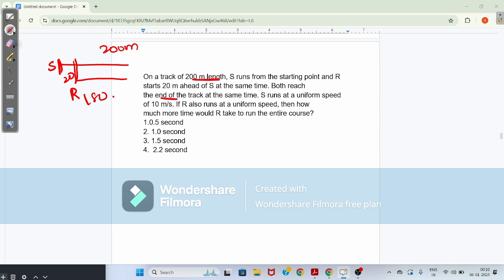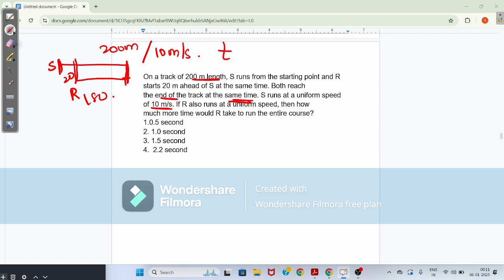Both reach the end of the track at the same time. S runs with a uniform speed of 10 meters per second.